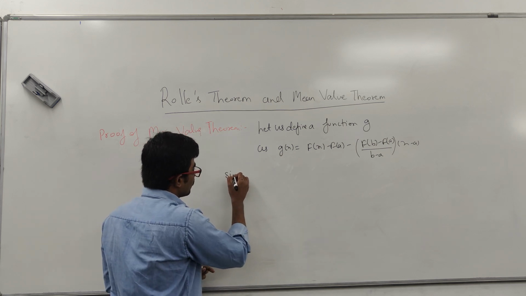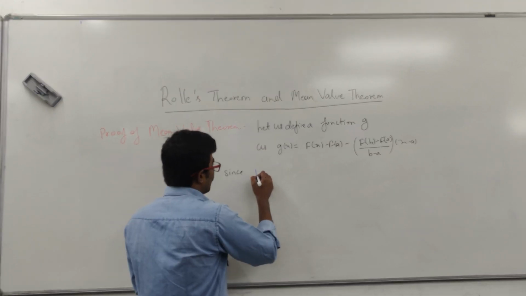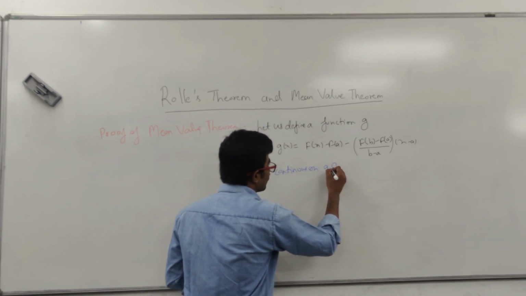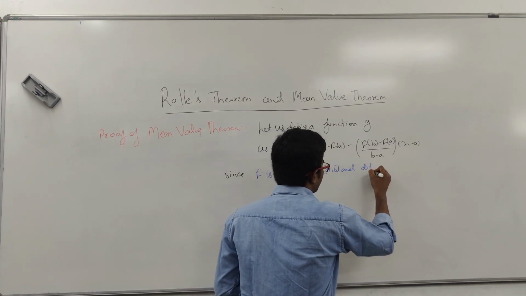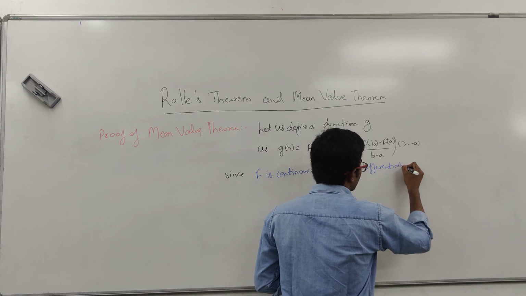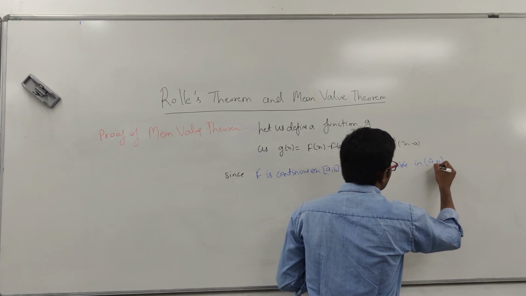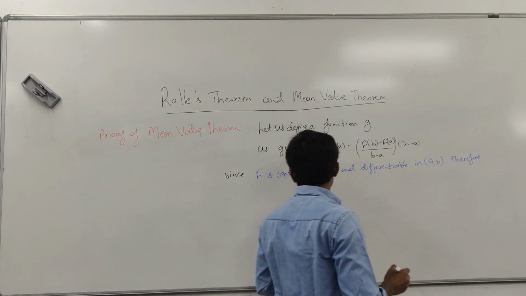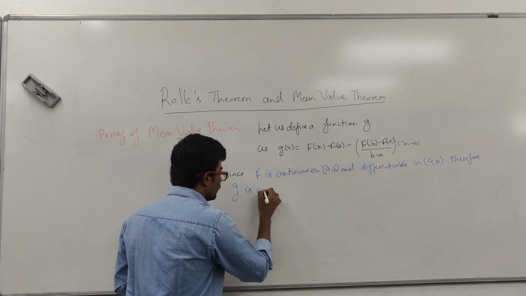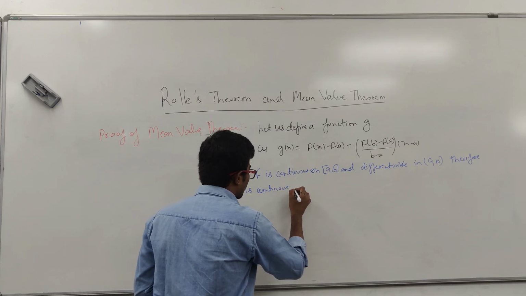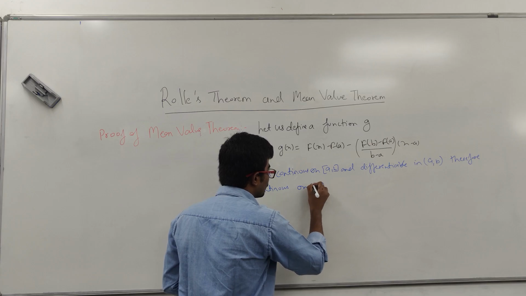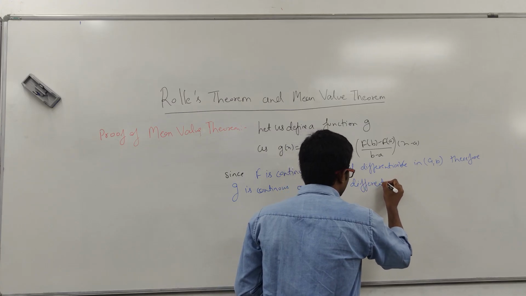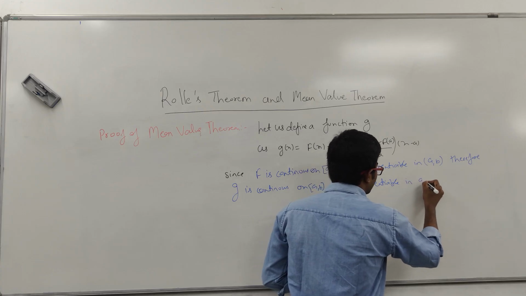Since f is continuous on the closed interval a comma b and differentiable in the open interval a comma b, therefore g is continuous on the closed interval a comma b and differentiable in the open interval a comma b.